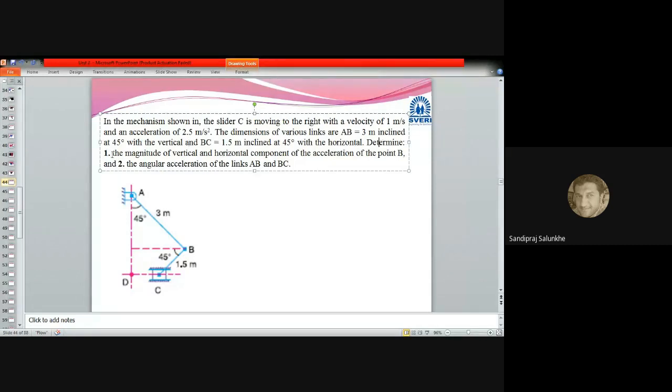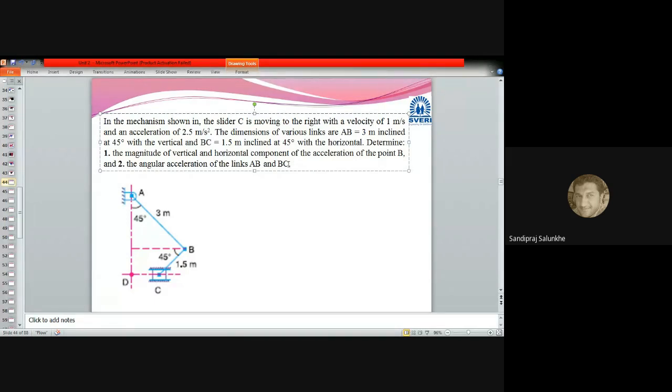Determine, number 1, the magnitude of velocity and horizontal component of acceleration of point B. It is written horizontal component of acceleration of point B, and the angular acceleration of links AB and BC.